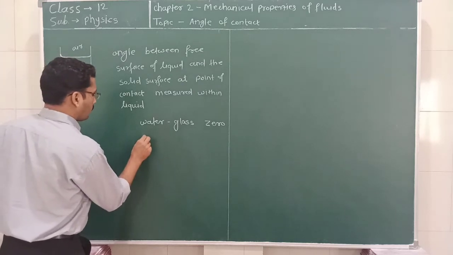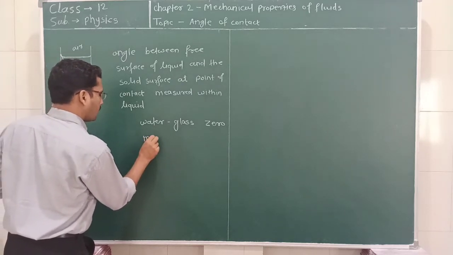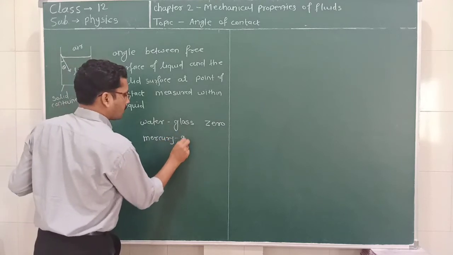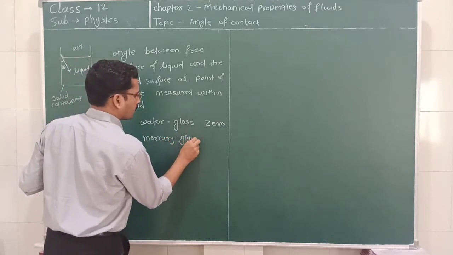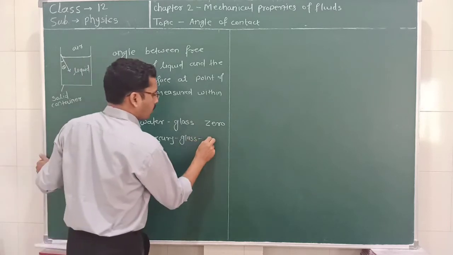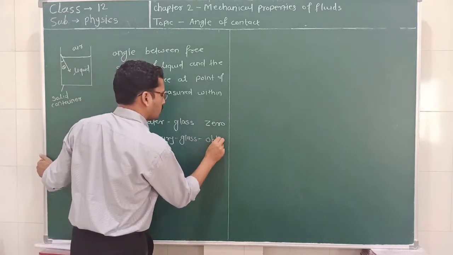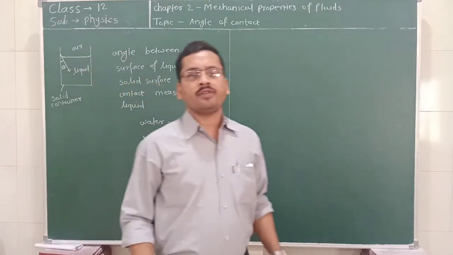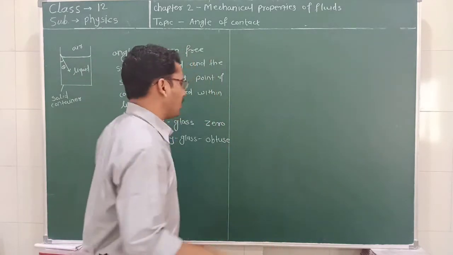In the case of mercury and glass, this angle of contact is obtuse. Obtuse means the angle which is greater than 90 degrees.